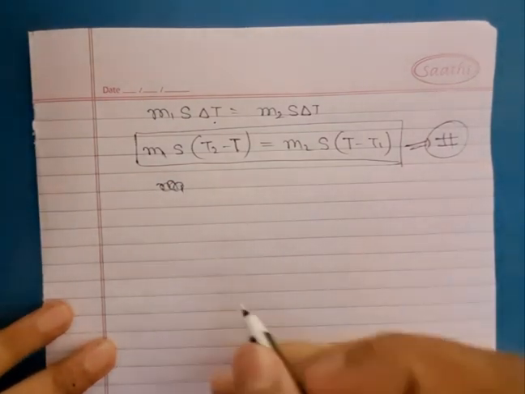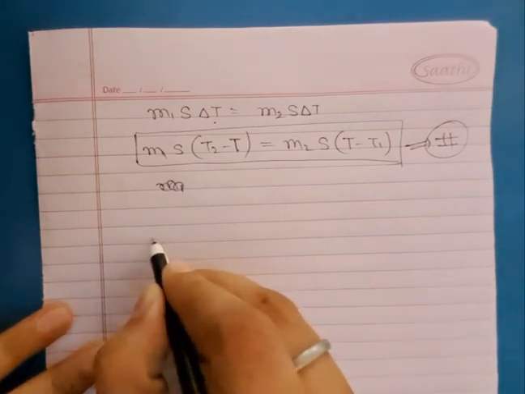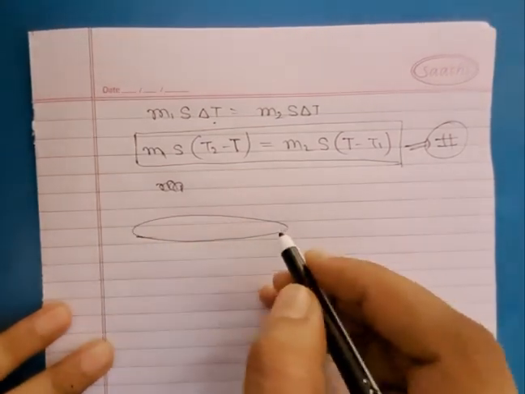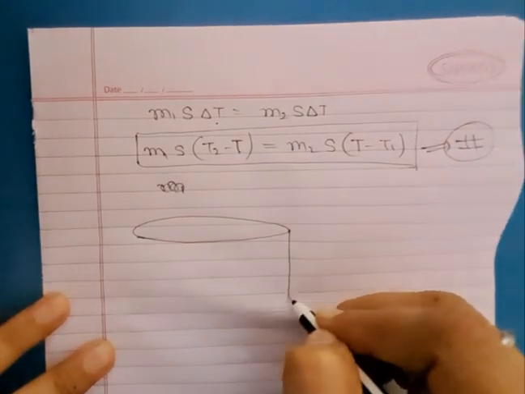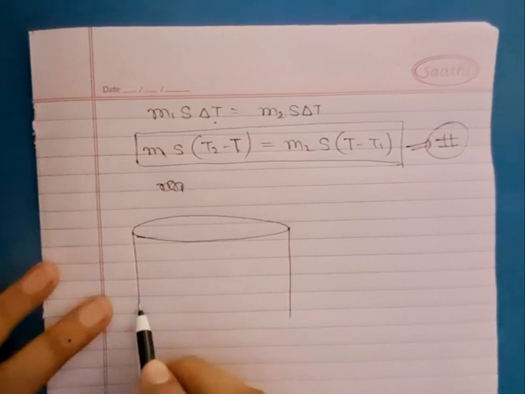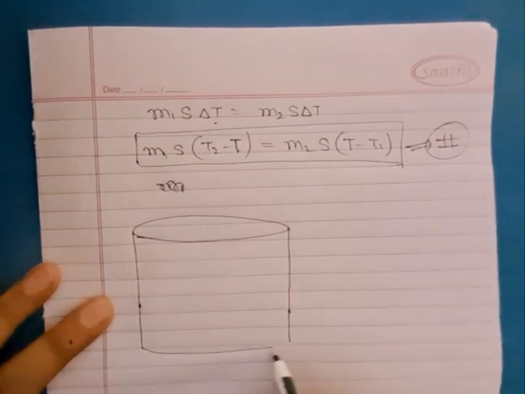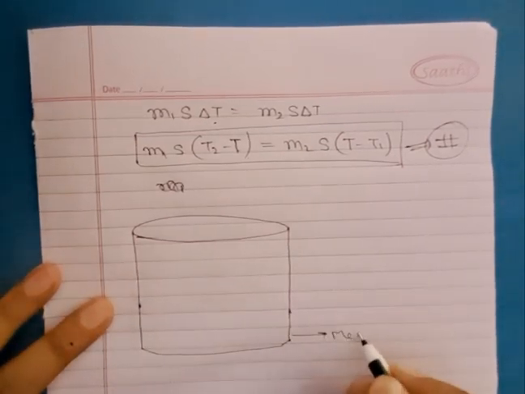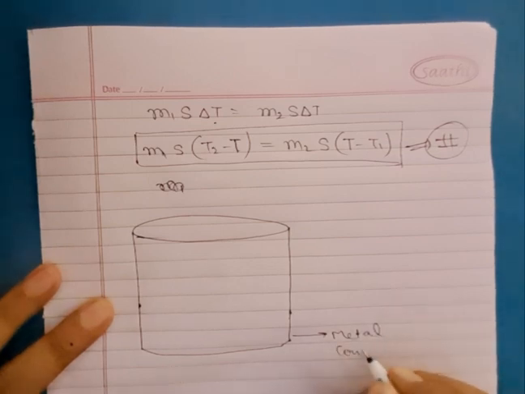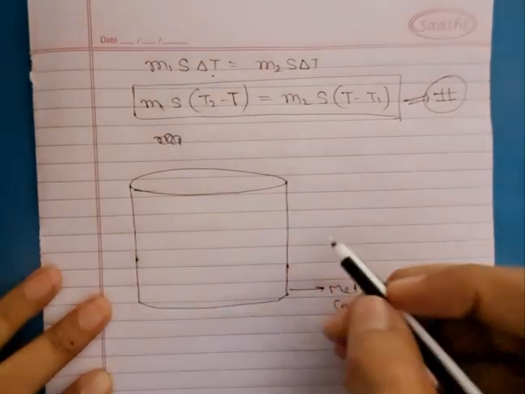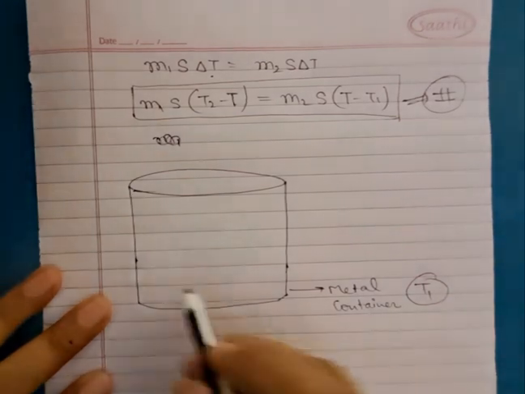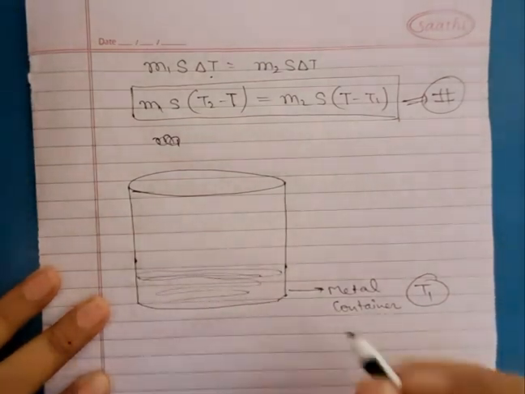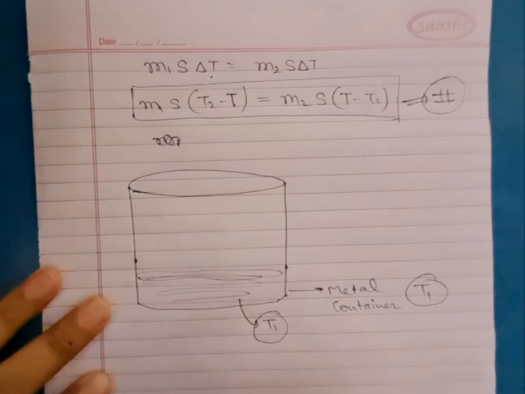Now let us also consider that this is a metal container, and this metal container will also be at temperature T1, and initially the water inside it was also at temperature T1.